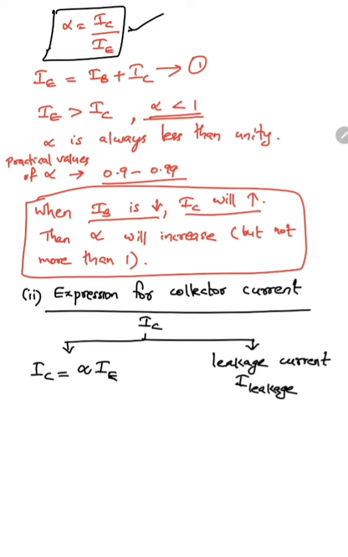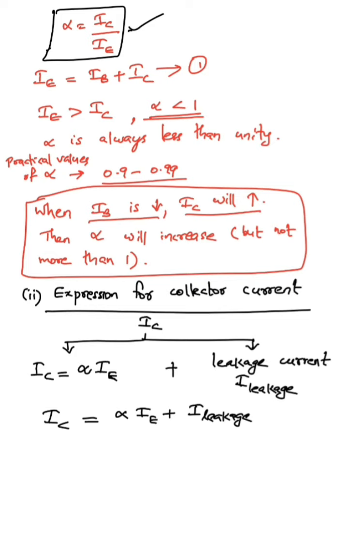So you can see that the total collector current IC is the sum of these 2 parts, that is alpha IE plus I leakage. So you have to find out what is I leakage or leakage current.